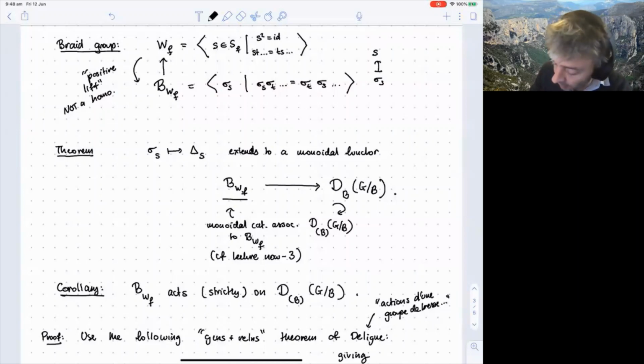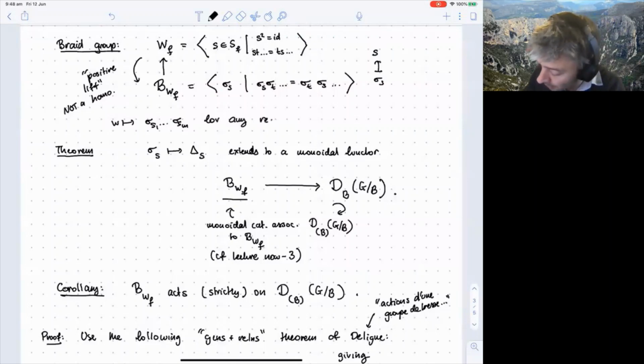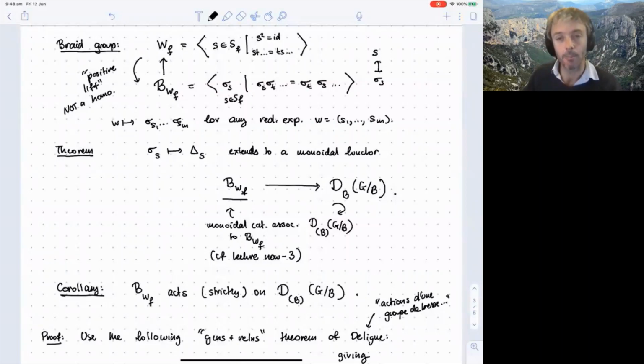So this sends W to sigma S1 ... sigma SM for any reduced expression W equals S1 up to SM. So you can think about the braid group as having either been generated by simple reflections or as being generated by positive lifts of Weyl group elements.